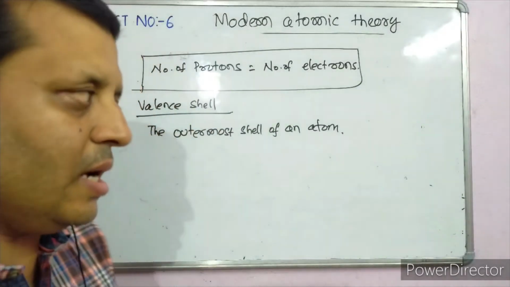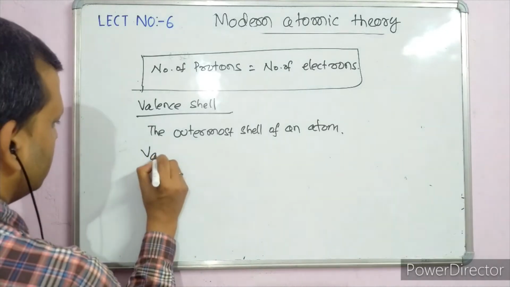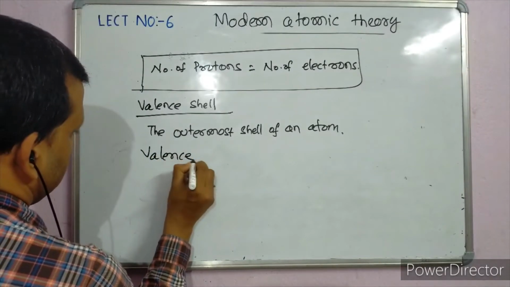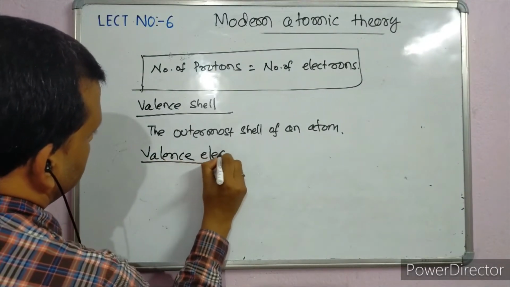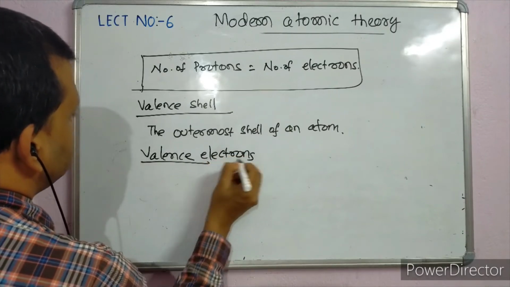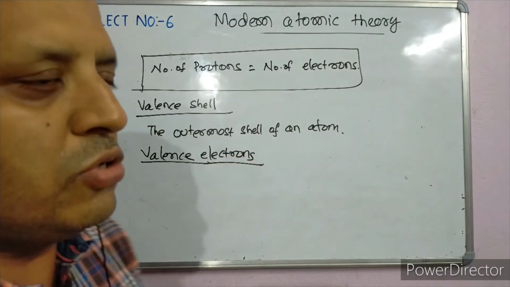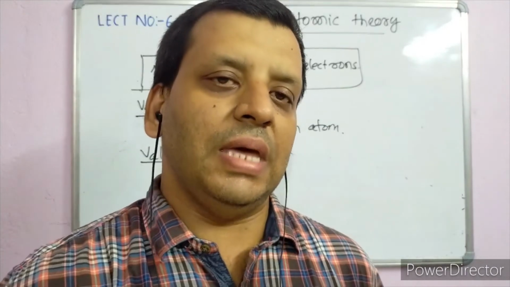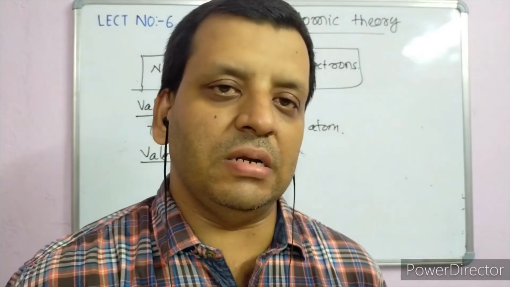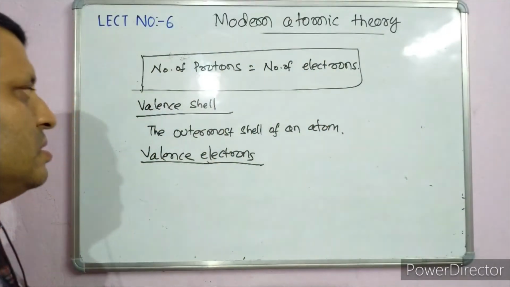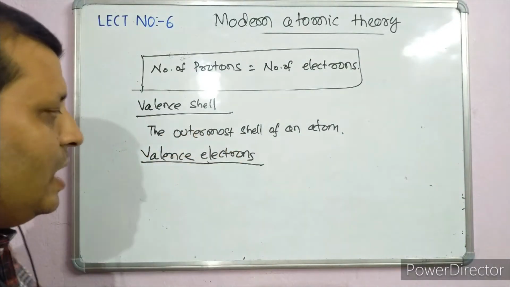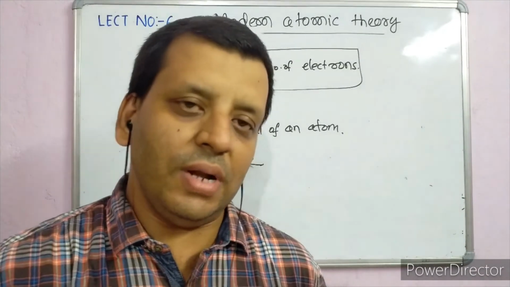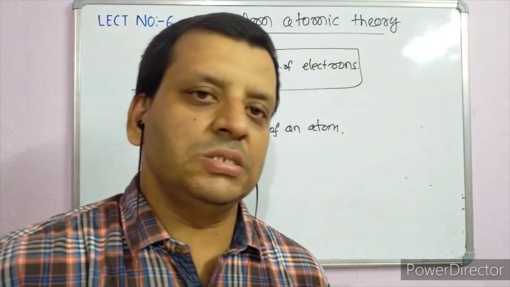And what are valence electrons? The electrons present in the outermost shell of an atom are known as valence electrons. In other words, the electrons present in the valence shell of an atom are known as valence electrons.